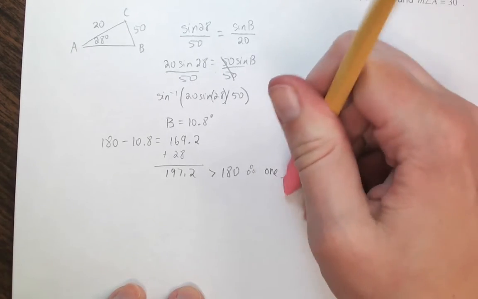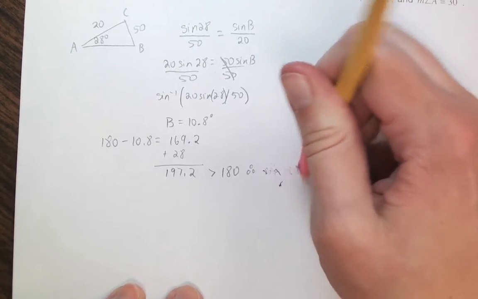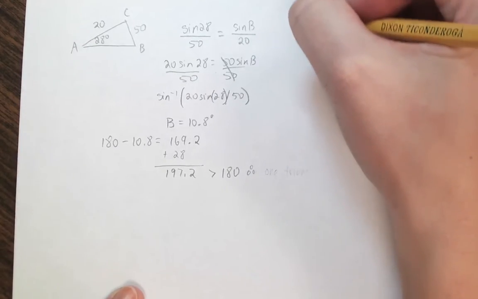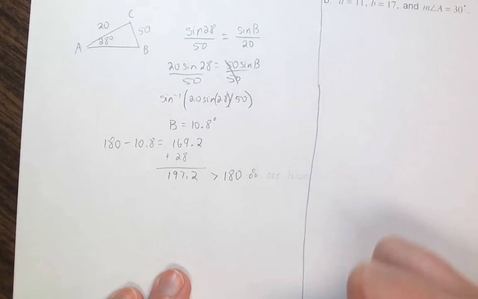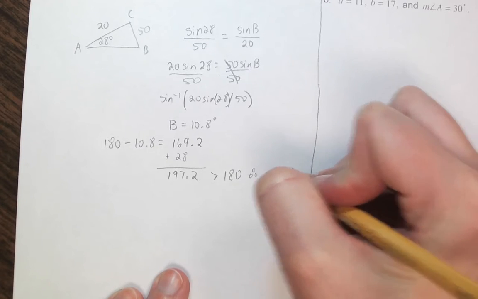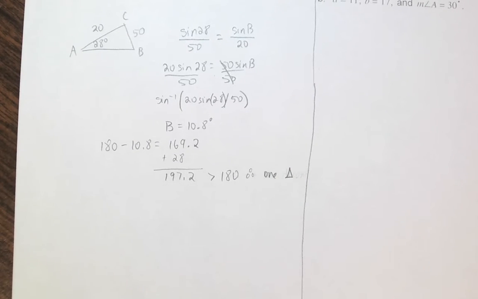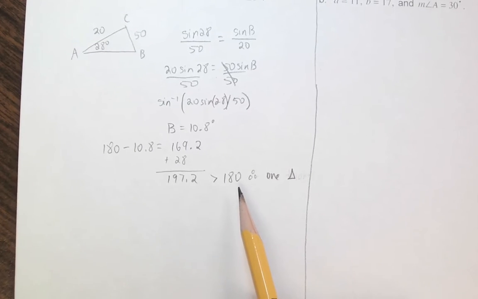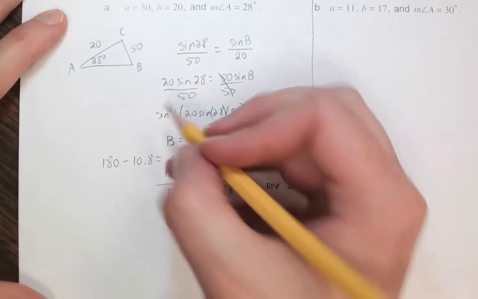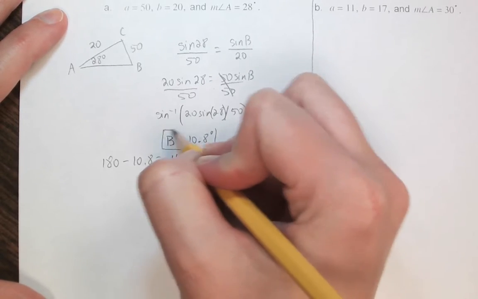I'm running out of space here, so I'm trying to give us more room. So this is one triangle. We still need to solve it because the directions said solve the triangle and round to the nearest tenth. We only have one triangle, and we did find one of our measurements: angle B was 10.8.